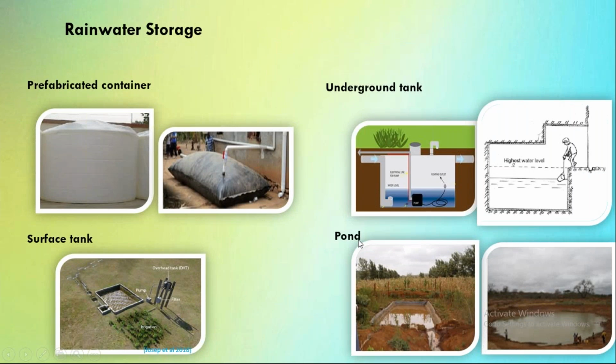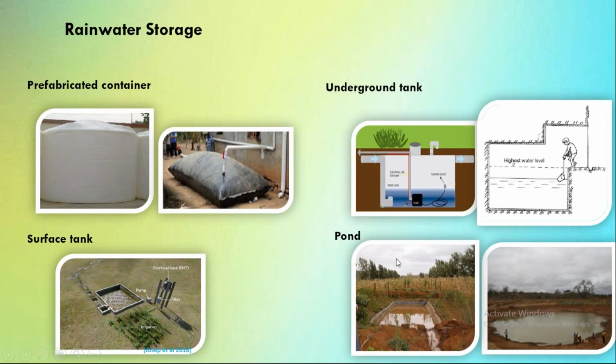Furthermore, the rainwater storage. As we discussed, there are domestic and farm rainwater harvesting systems. For domestic purposes, we do not require a large amount of water. So we can store water in rubber bags or poly bags or such types of tanks which are available in the market. But when we go for agriculture purposes, we have to construct underground tanks or surface tanks of larger capacity.